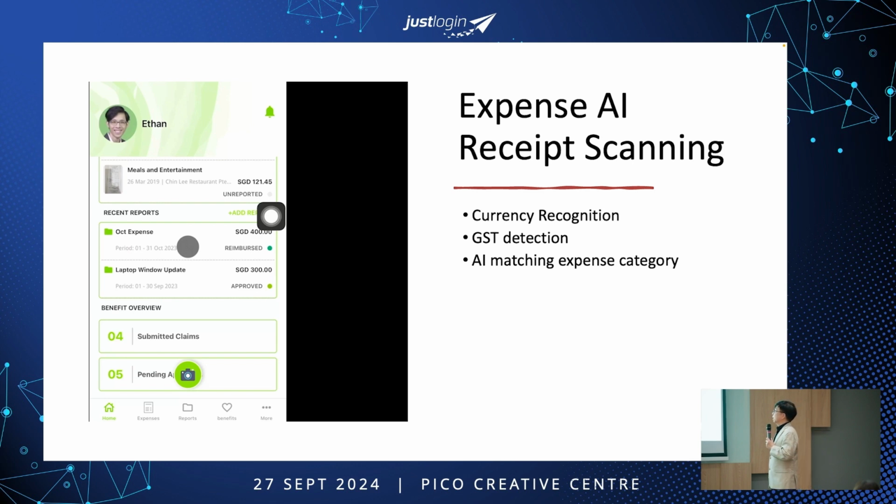But with our expense right now integrated to AI, it's just amazing. It's amazing, I can tell you, that the currency will be accurately, I won't say 100%, but very accurately determined.